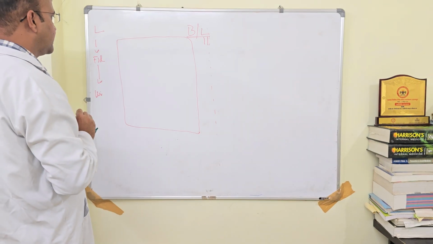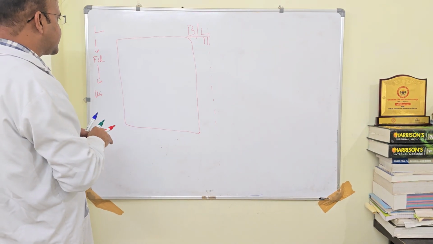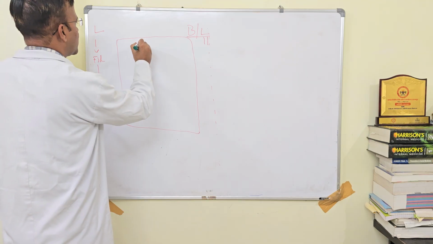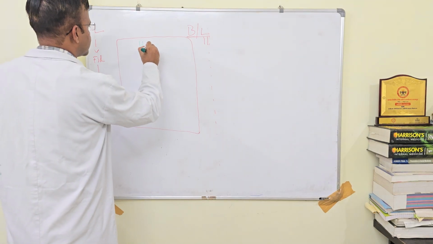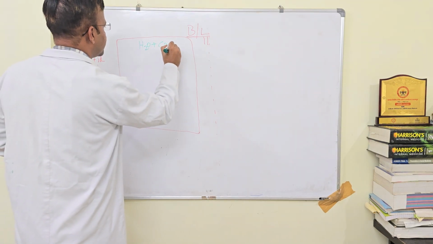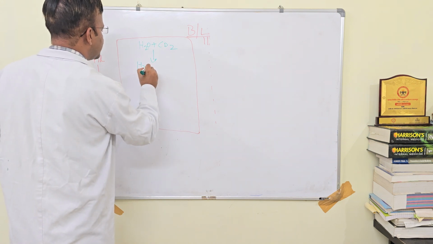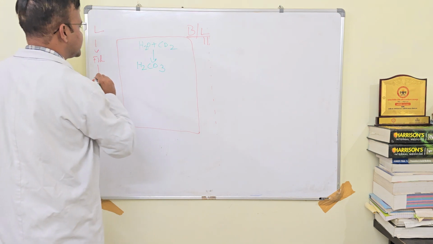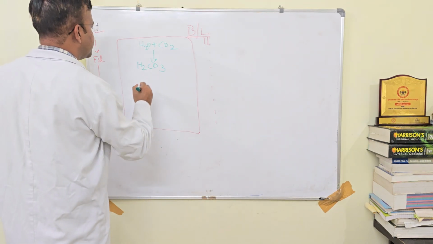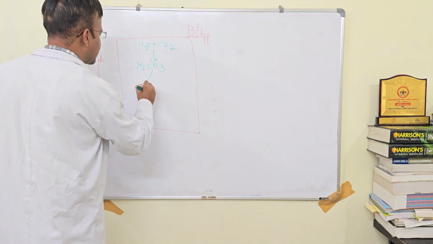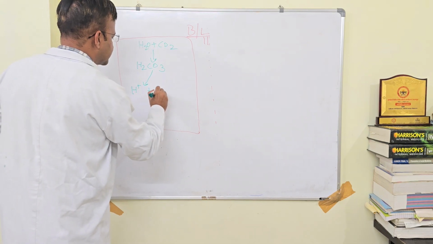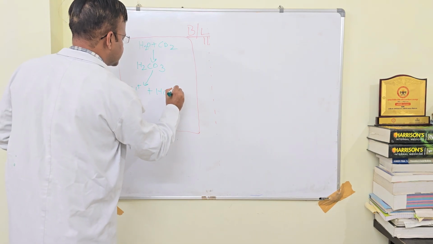Now, what exactly is happening inside? Your H2O is combining with CO2 and it's getting converted into H2CO3, right? Now this H2CO3 will break into two portions, H plus and bicarbonate, right?